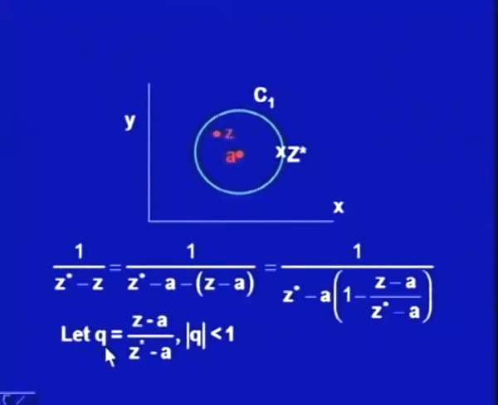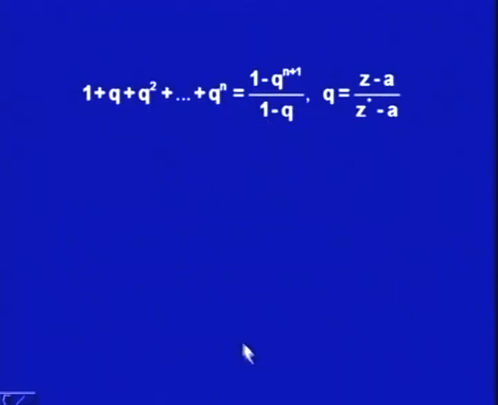So if I denote q as (z minus a) divided by (z* minus a), then I know that the modulus of q is less than 1, and if it is less than 1, then this is a geometric series, and in fact these are the first n terms of the geometric series 1 plus q plus q squared plus up to q^n, and we know that this sum is equal to 1 minus q raised to power n plus 1 over 1 minus q, q being (z minus a) divided by (z* minus a).